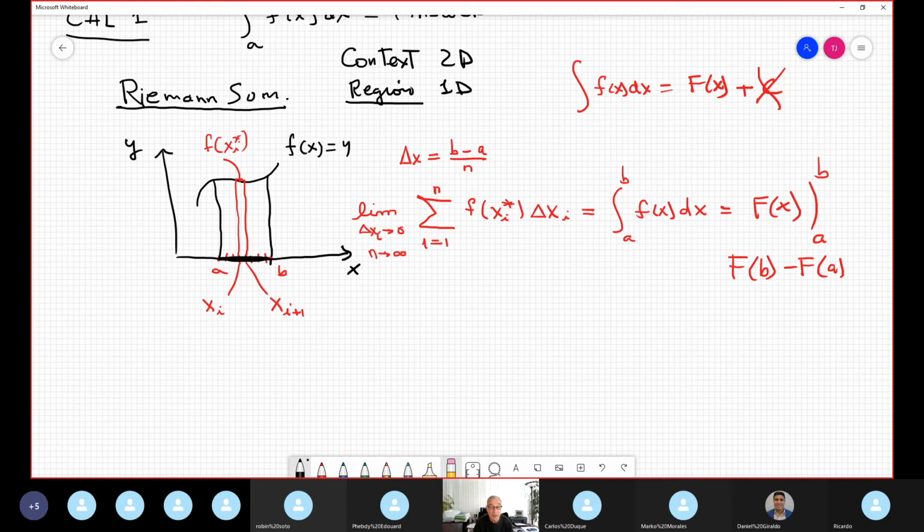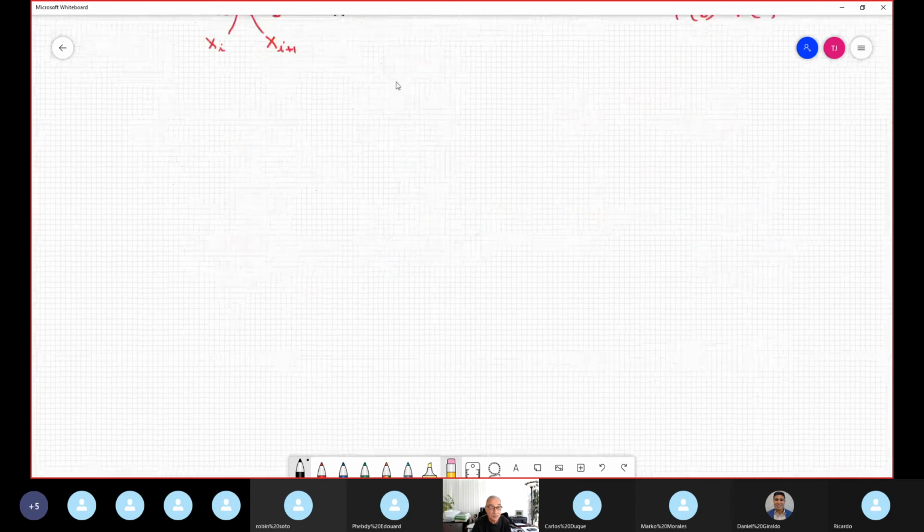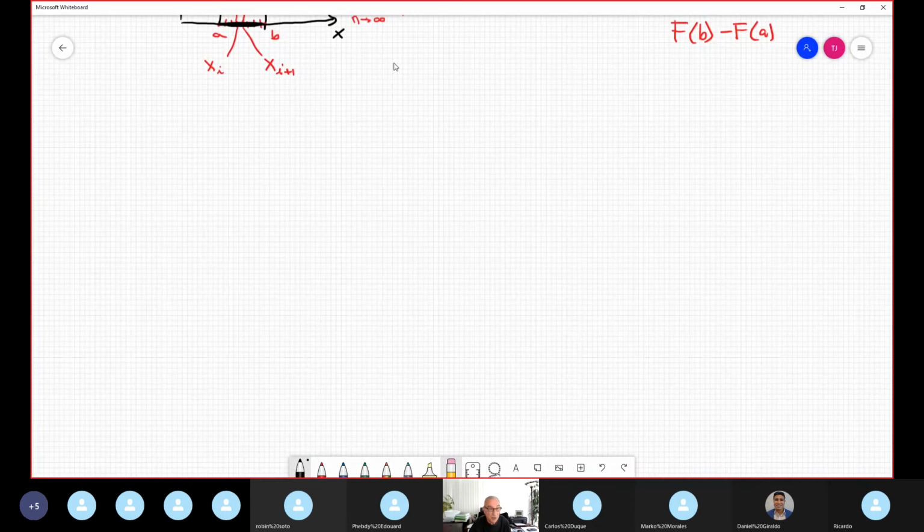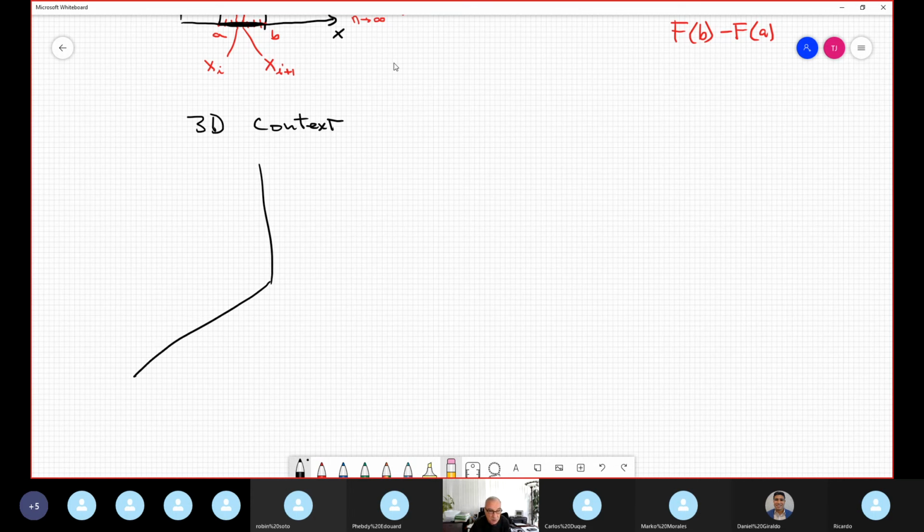However, we can generalize. Yes, we can generalize. For example, suppose now we have a 3D context, the famous 3-dimensional space we frequently use every day in Cal 3.